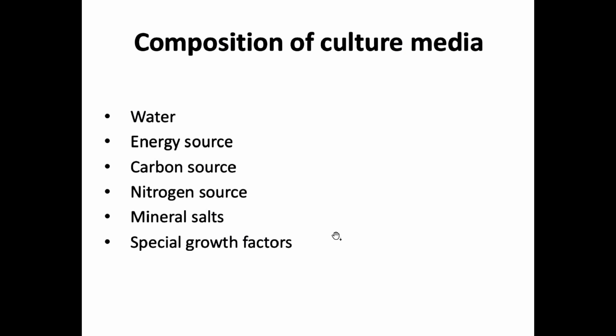So, what is the composition of culture media? You can see it here. It's water, an energy source, carbon source, nitrogen, mineral salts, and special growth factors. Not all of them will be present every time in every culture media, but usually the majority of them will be present there.